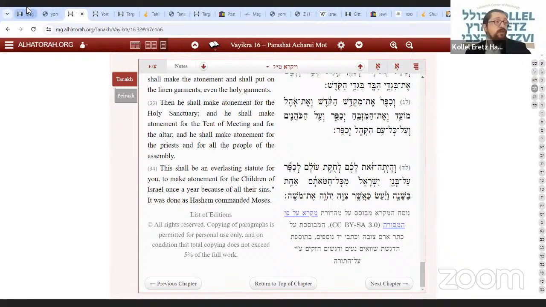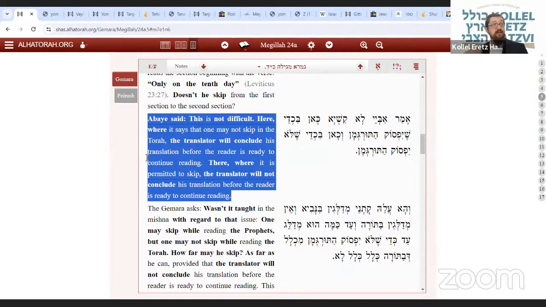So while the translator is translating every pasuk, verse by verse, in the Beis Hamikdash, the Kohen Gadol is able to roll the Torah scroll over to the next part, and therefore it wouldn't be an interruption. People will not get confused.